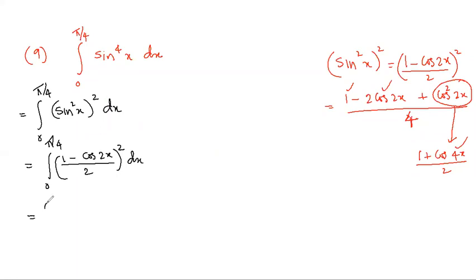Now after this, you will expand, using the a minus b the whole square formula: 1 minus 2 cos 2x plus cos square 2x, divided by 4.